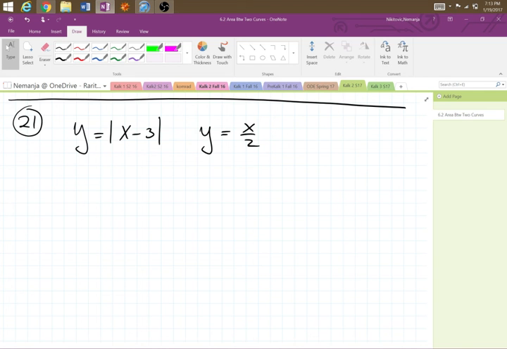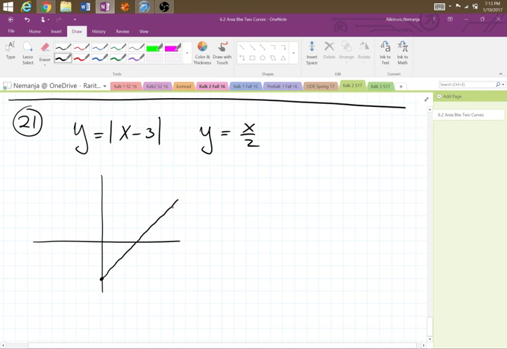As you're looking at this function, y equals x minus 3, you can graph it with a y-intercept of negative 3 and a slope of positive 1. It's going to go like that forever. But then you understand that you're not supposed to go below the x-axis, so this part has to bounce up.